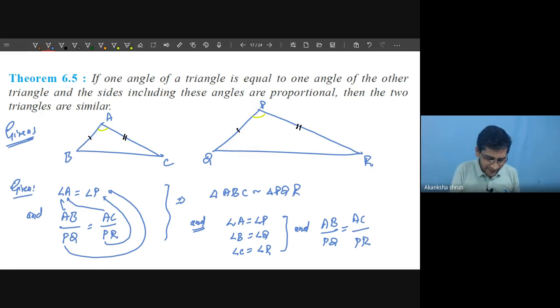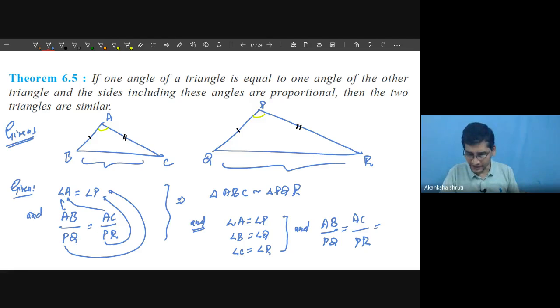Student, here we are left with the ratio BC and QR. So that third ratio can also be equated here. So this also becomes equal to BC by QR. Okay. One angle was given and one ratio was given.